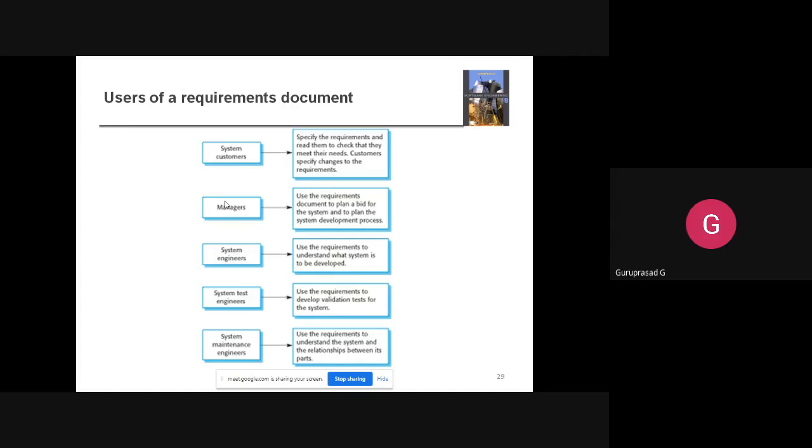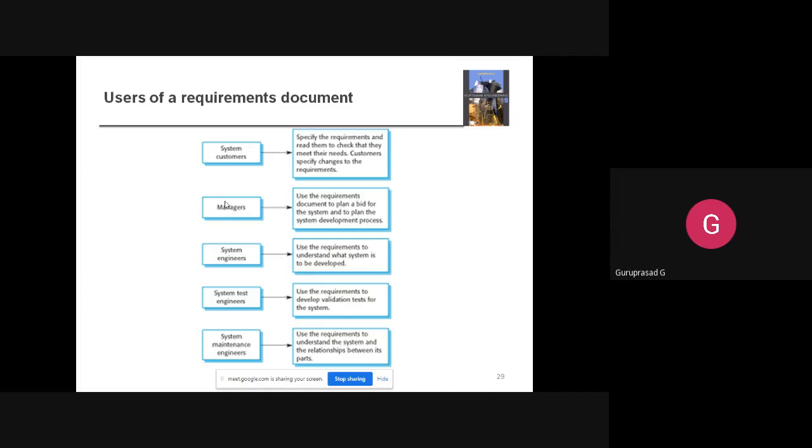The level of detail we should include in a requirements document will depend on the type of system that is being developed and the development process used. Who is the user? His requirement may be different. A customer's requirement may be different, managers' requirements may be different, engineers' requirements may be different.